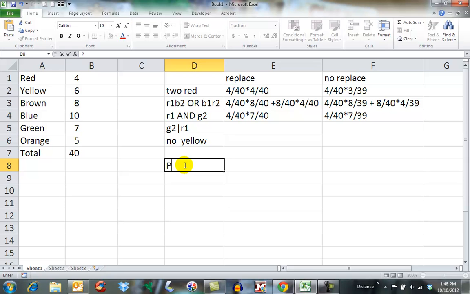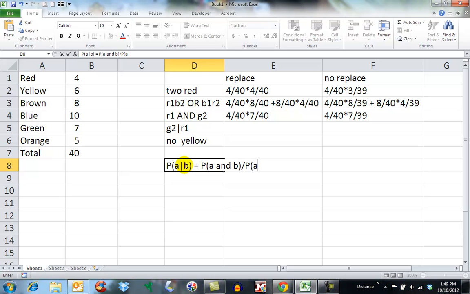If the probability of A given B is equal to the probability of A and B all divided by the probability of B, sorry, my fault.